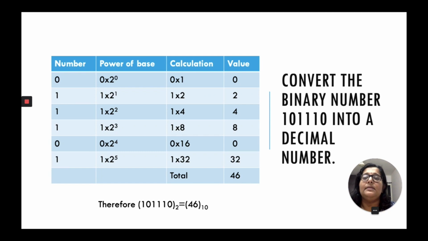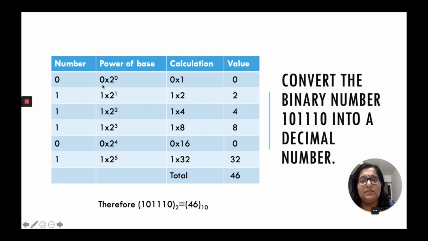You have to write the number in the reverse order in the first column. Now you are going to multiply. The same digits are being written in the next column first, and then you are going to multiply it with the base of 2. And as you go down, the powers are increasing by 1.